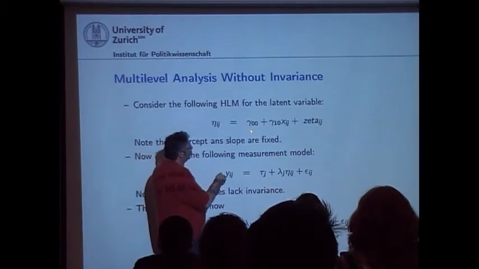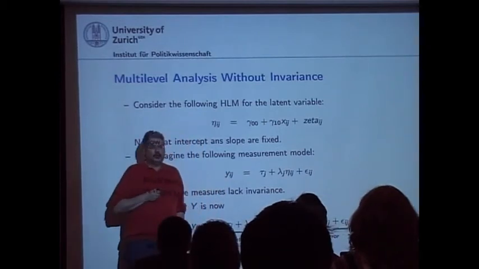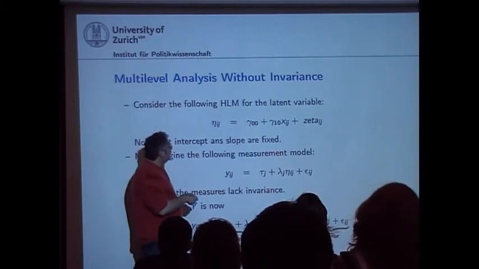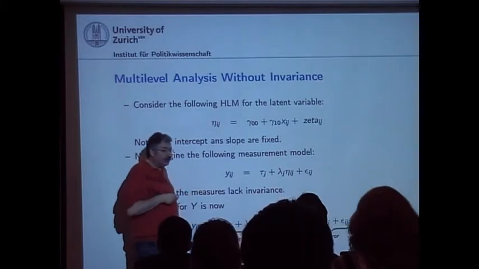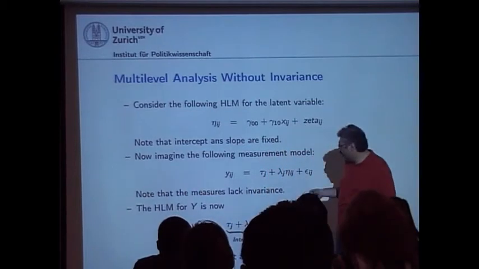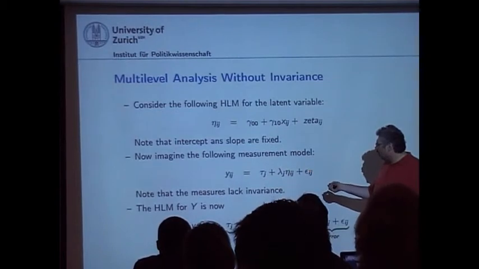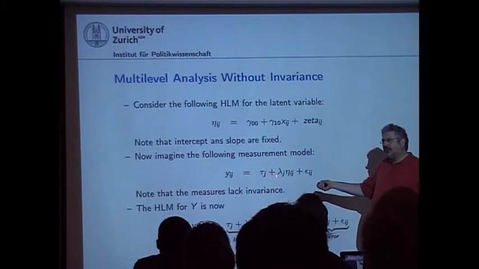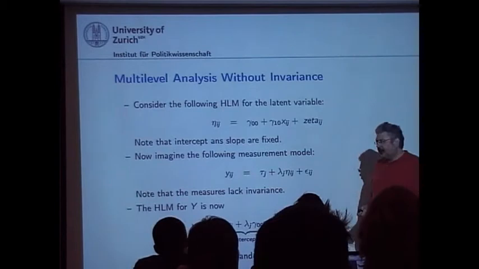Notice I have no random variation in intercept or the slope. Now, I have a measurement model that links the observed thing that I'm actually able to analyze to this latent variable, which is unobserved. Now, y_ij is equal to tau_j plus lambda_j eta_ij plus epsilon_ij, and notice the subscripts j on the tau and the lambda. Basically, that's saying there is no measurement invariance.